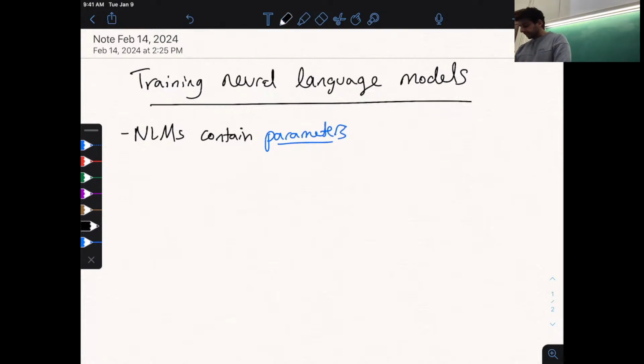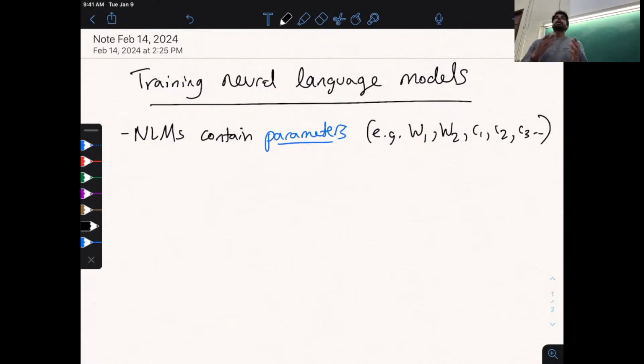And so some examples of these from our concatenation-based feed-forward layer were the weight matrices, W1, W2, the word embeddings, C3, blah, blah, blah. So these are the parts of the neural language model that are actually learned, right? We start with random parameters and we adjust them through the training process.